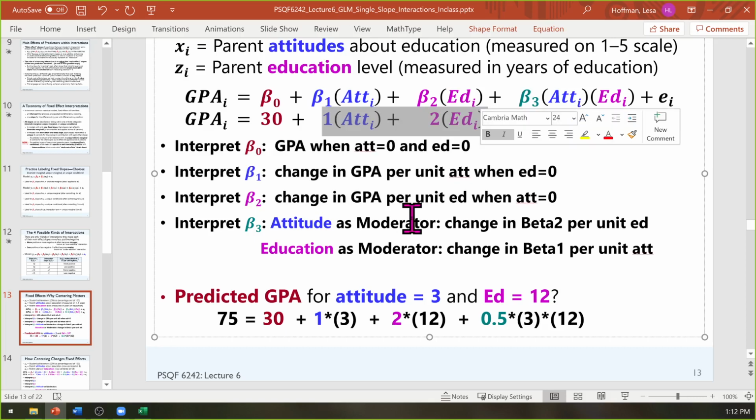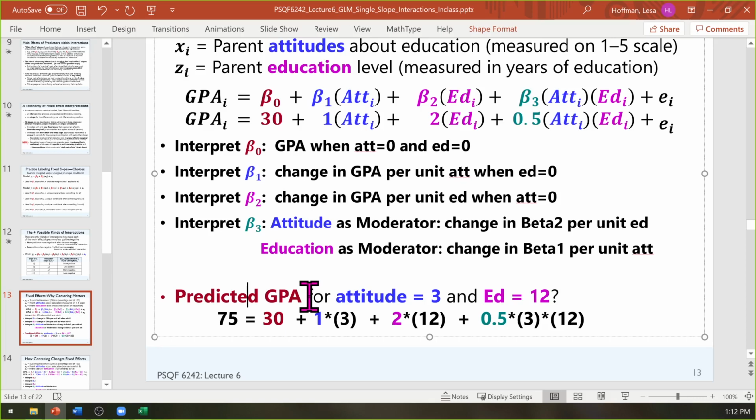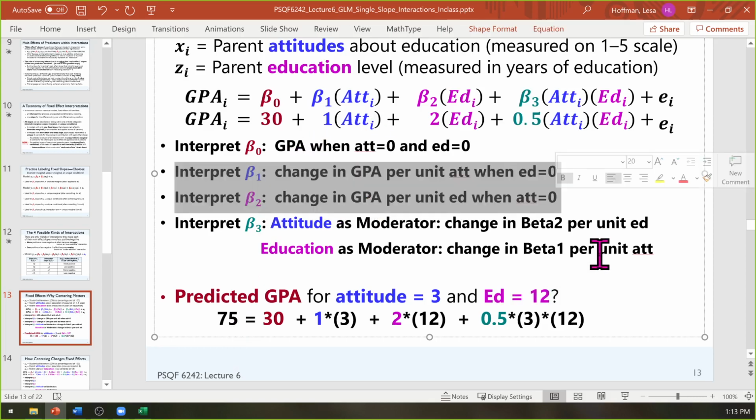For instance, if I wanted a predicted outcome for somebody with attitudes equals 3, so mid-range on that scale, and education equals 12, then I plug those values into this linear equation, and with the coefficients, that gives me a total of 75. So the model still works. It's just that having these two parameters be meaningless is a recipe for misinterpretation.